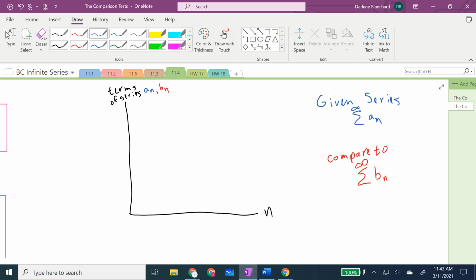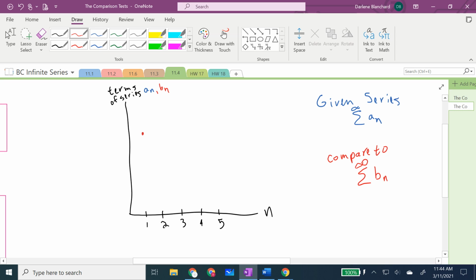Now, let me first put on term 1, term 2, term 3, term 4, term 5 kind of thing. And there we go. What you are comparing it to, you know whether it converges or diverges.